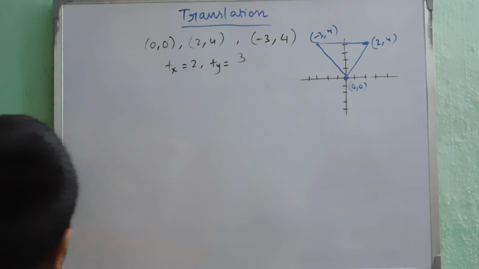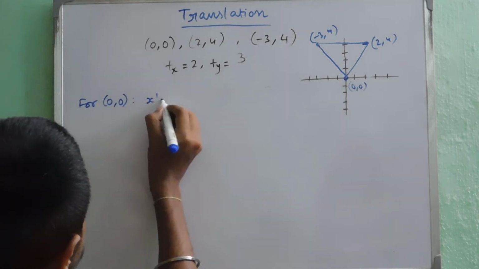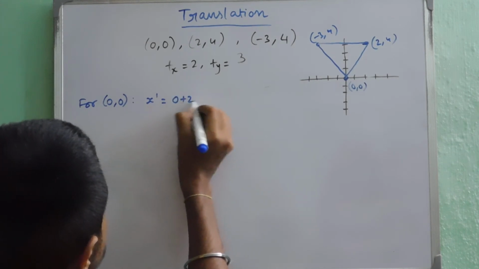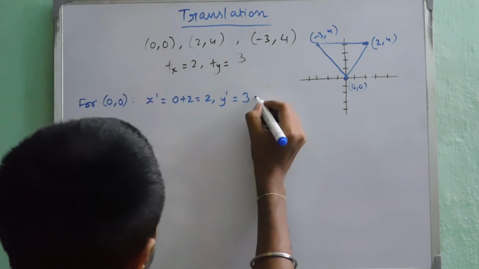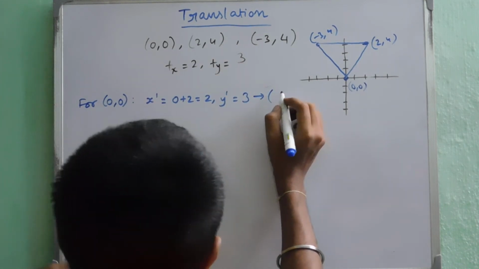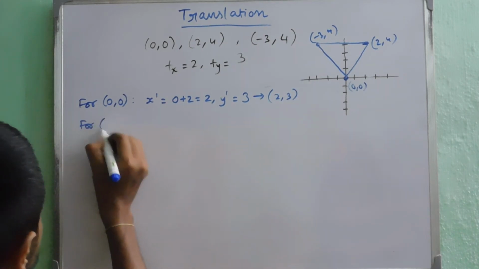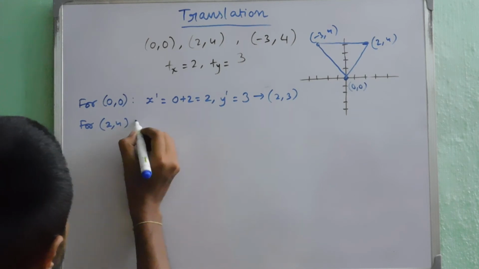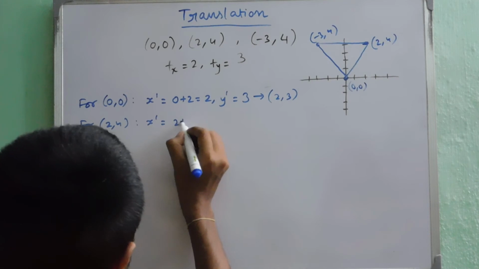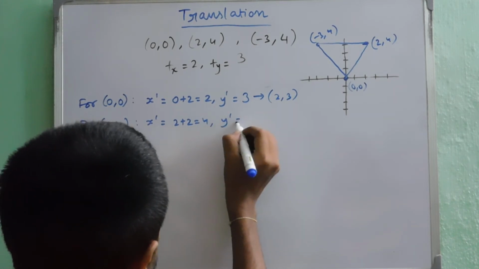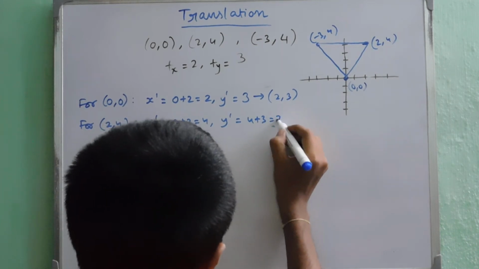So first of all, for 0, 0, we have x dash equals 0 plus 2, that is 2, and y dash equals 0 plus 3, that is 3. So our new coordinates are 2, 3. Now for 2 comma 4 we have x dash equals 2 plus 2, that is 4, and y dash equals 4 plus 3, that is 7.